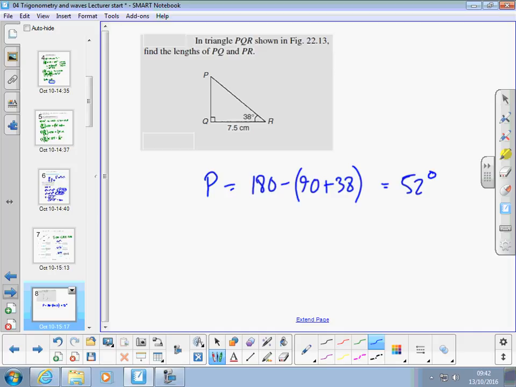Find the length PQ. So how do we find the length PQ? This one, using the ratios. We've got this angle here. We've been given the adjacent side, and we want to know the opposite side to that angle. What ratio do we want?